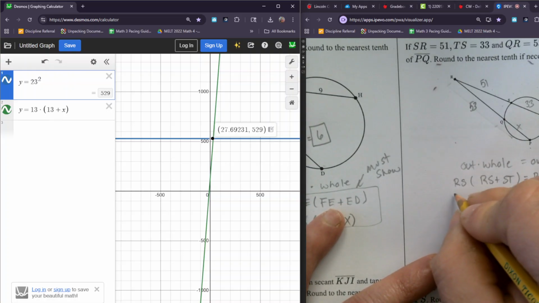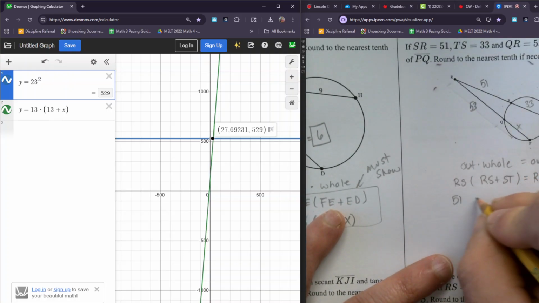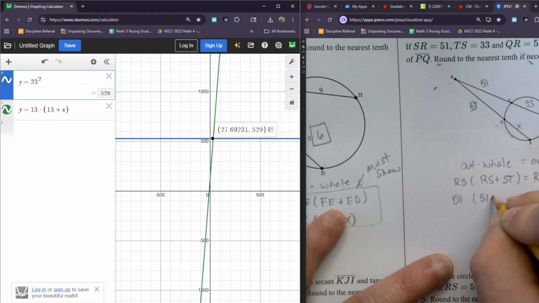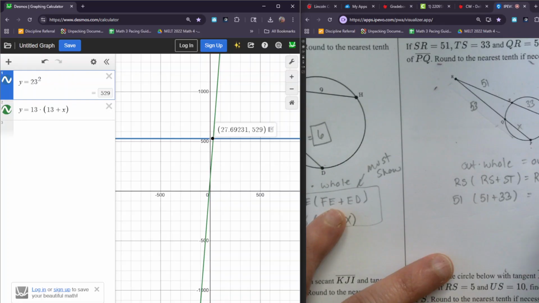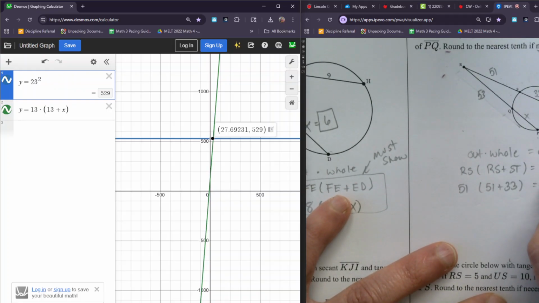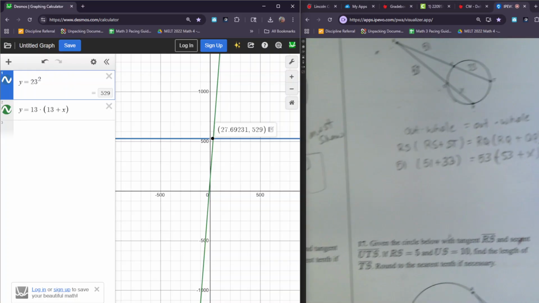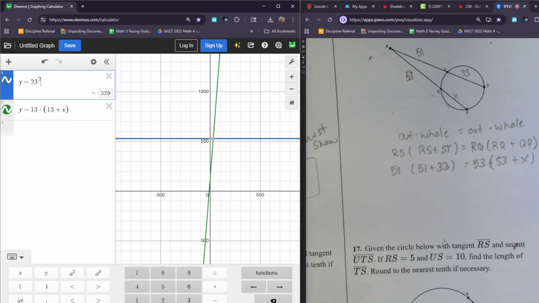Plug in what we know. That'd be 51 times 51 plus 33 equals 53 times 53 plus. Now just put that in Desmos.